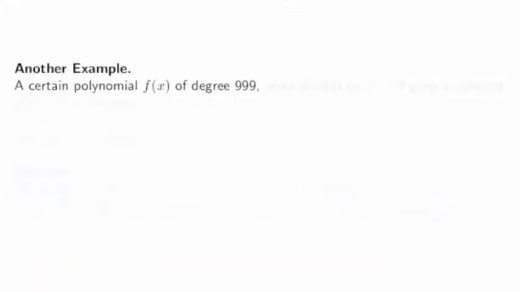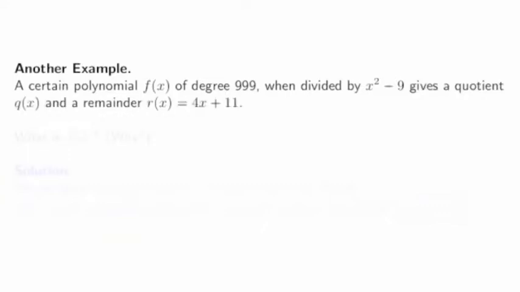Another idea, suppose I have a polynomial of degree 999, and when I divide it by x squared minus 9, I get a quotient and a remainder 4x plus 11. What happens when you plug in 3 to this polynomial? This polynomial f of x of degree 999 is not shown, neither is its quotient, and we don't care. They're not important.